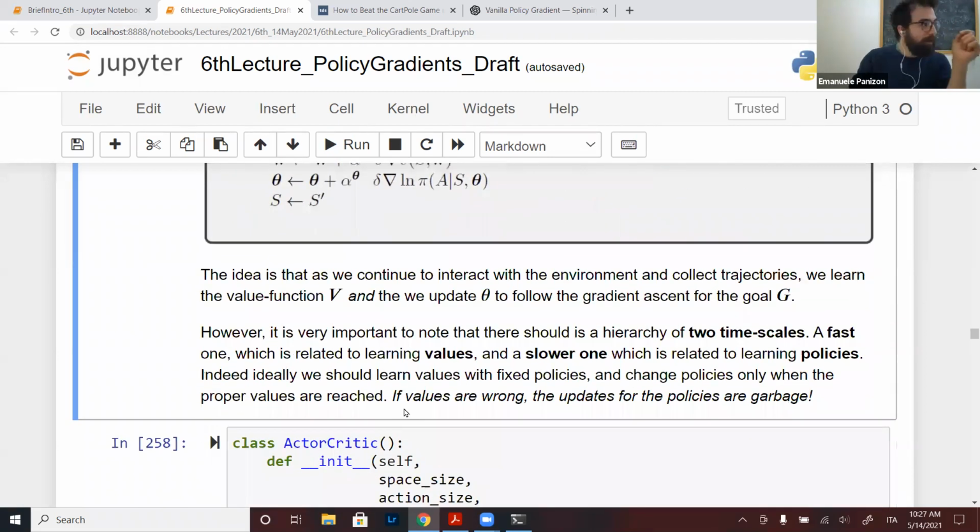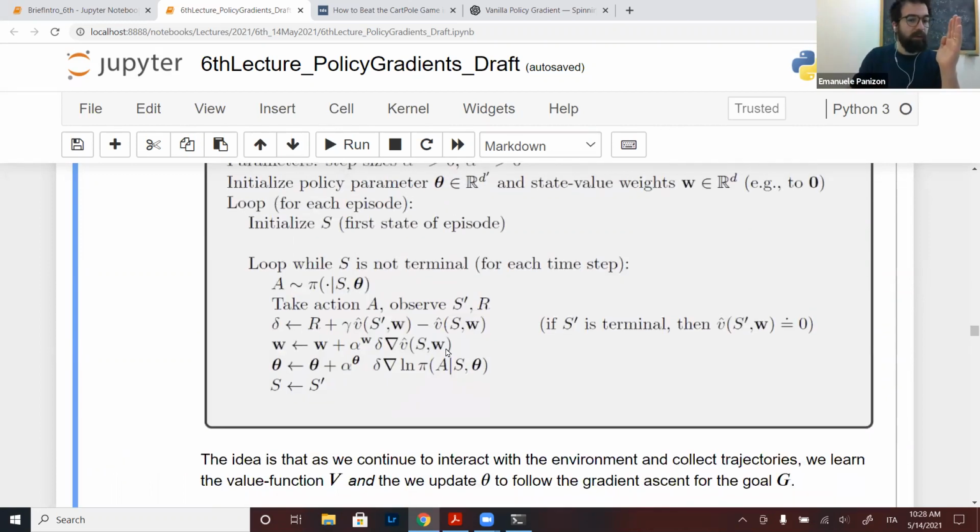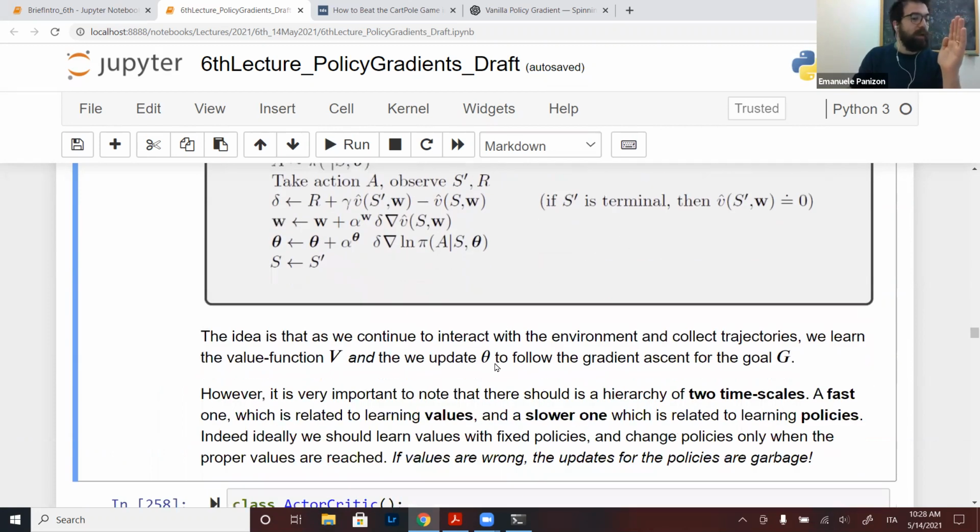Now I can do an update at each step. However, we now have two separate things going in parallel. We are trying to evaluate the value function, and we are trying to update our policy. It's very important to understand that to create the correct estimation of the gradient, you need to have the best possible value for those states.